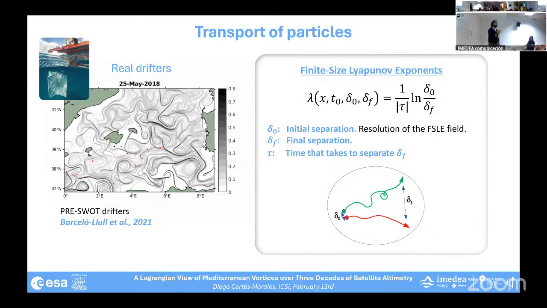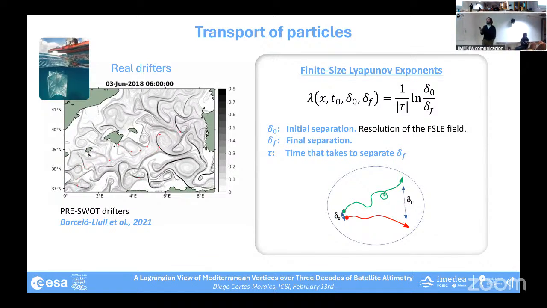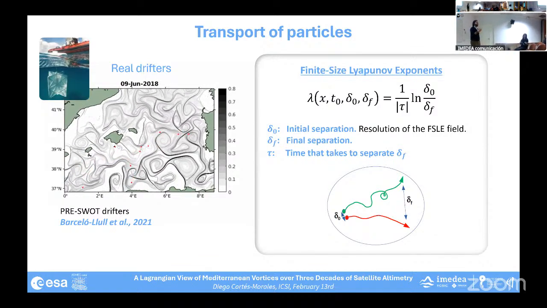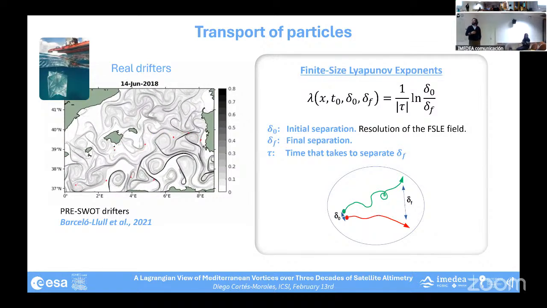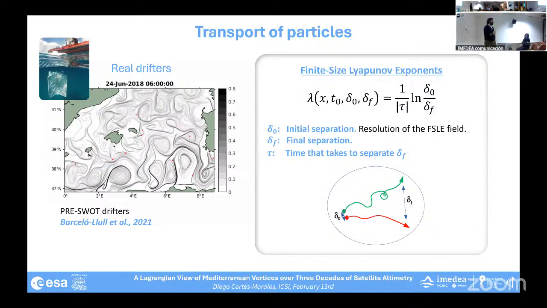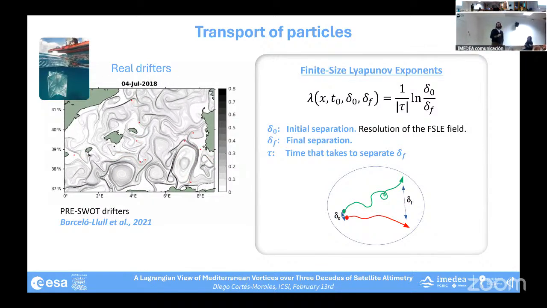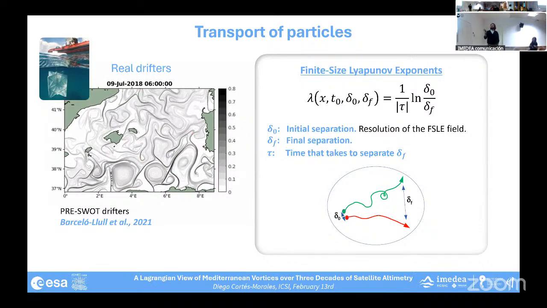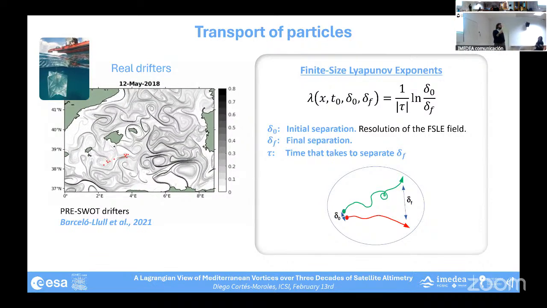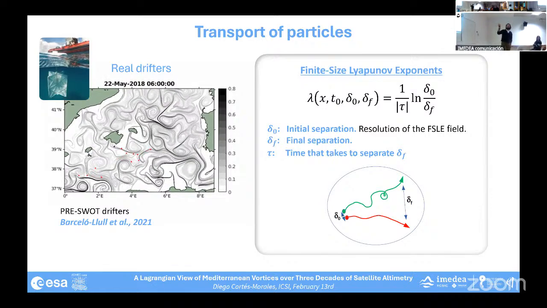Maybe with SWOT, yes, but we have a very short record. It can be a good exercise to check what is happening with this new satellite that allows us to access or capture very small processes. But here we are focusing on the methodology rather than on the data that we have.